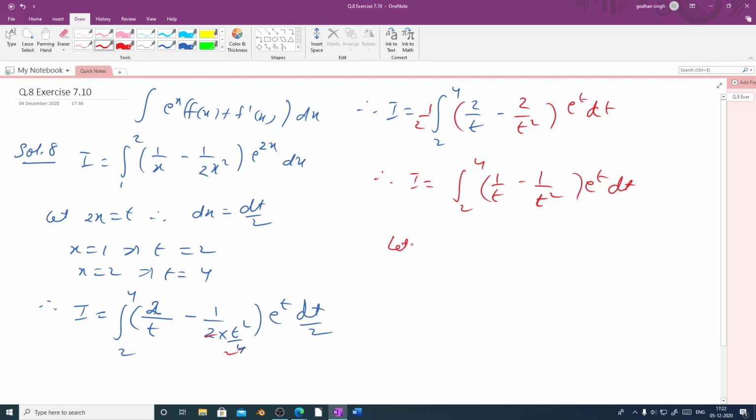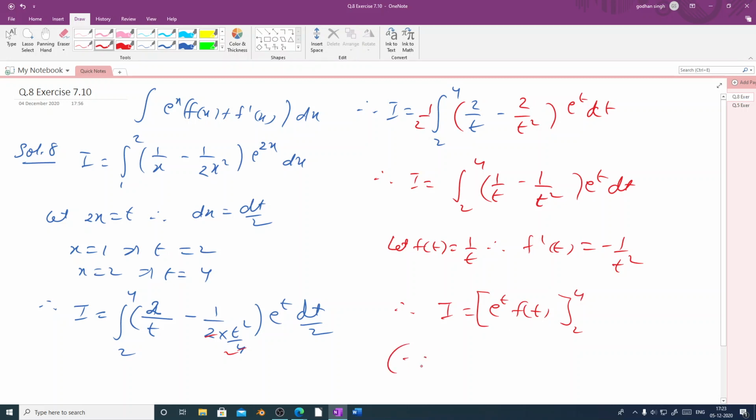Let f(t) equal to 1 by t. Therefore f dash t is equal to minus 1 by t square. Therefore we can say that I is equal to e raised to t f(t), and the limits are from 2 to 4. Why?